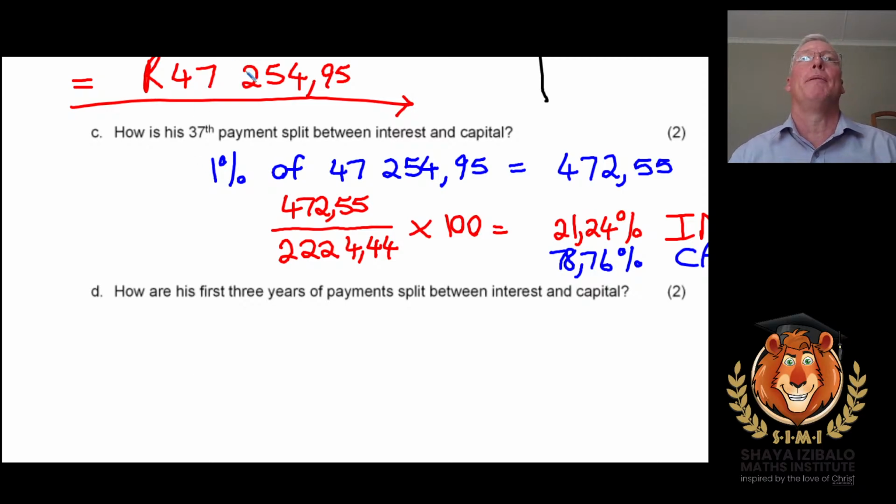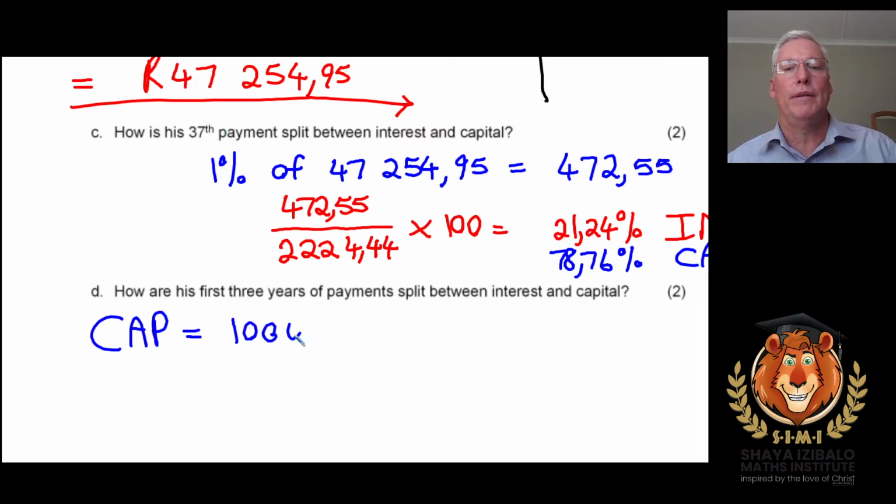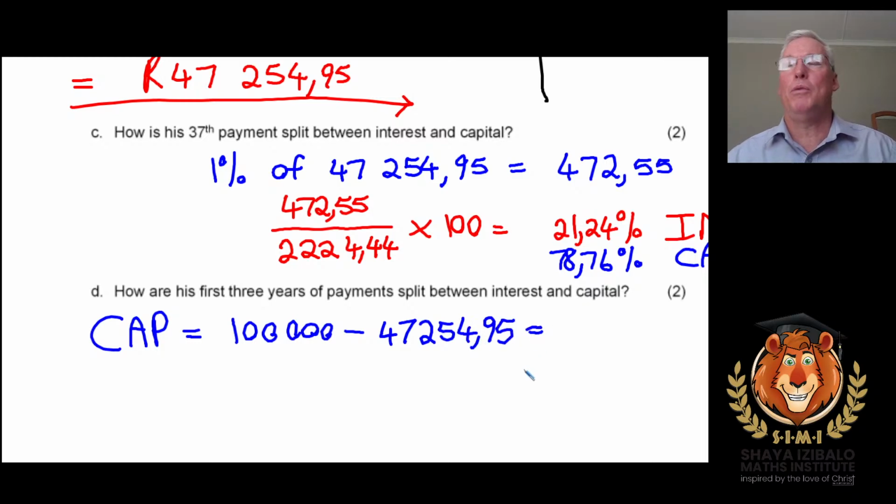There it is, up at the top of the screen. Okay. So in total, in those first 3 years, the capital is going to be the difference between what he did owe at the start minus what he now owes.